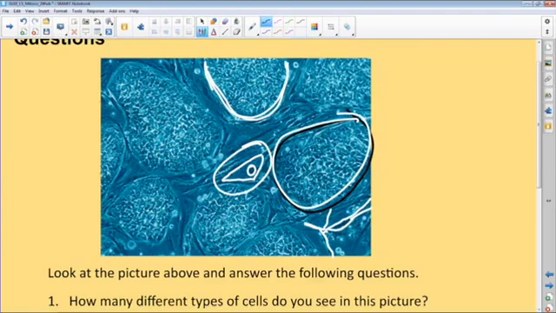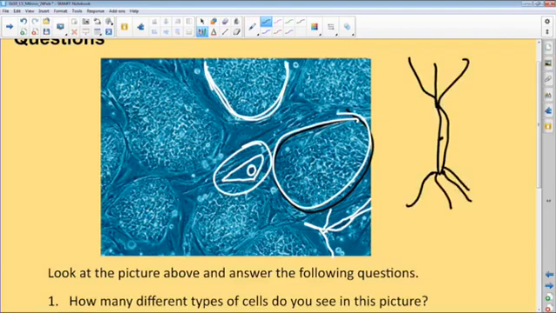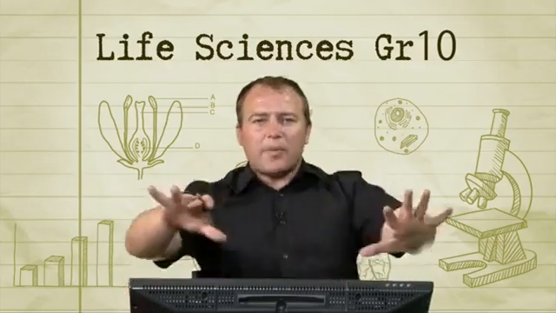If I had a look at that one, you've got one that comes close like this. There's a nucleus in there, and it started branching out like this. And yes, it looks funny. It doesn't matter. But that whole cell there is very, very important. That cell there is most probably a nerve cell.